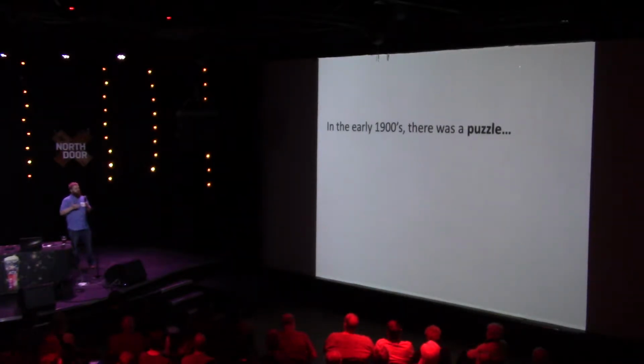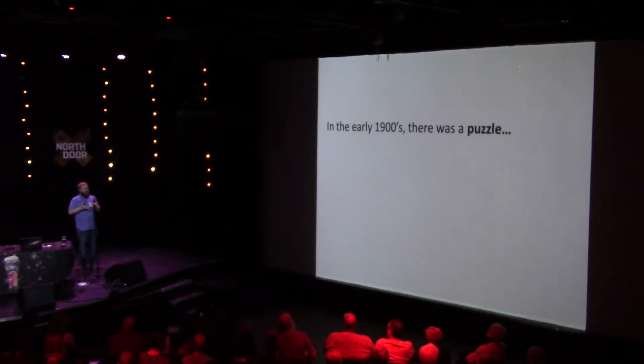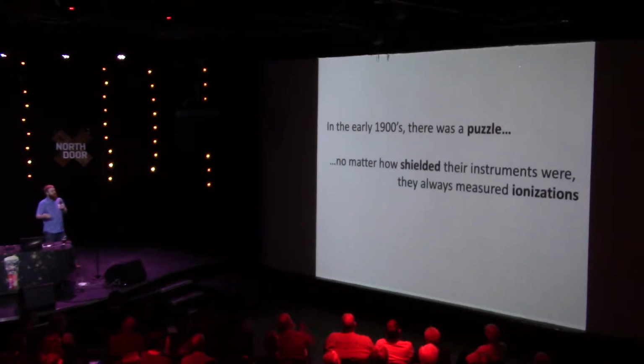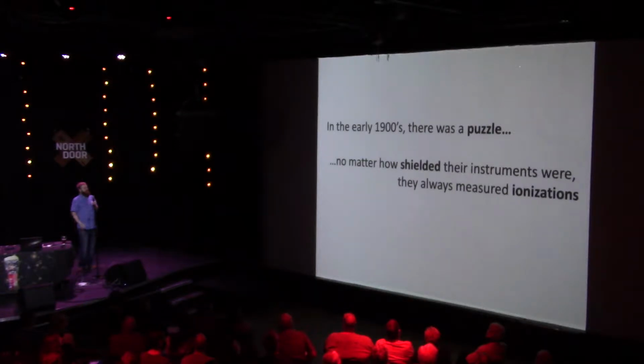And so you wanted to make sure that the instruments that measured that radiation said there was no contamination. And they found that no matter how well they shielded their labs, their instruments always measured an ionization from radiation. And this is quite troubling if you are trying to make a completely clean environment.